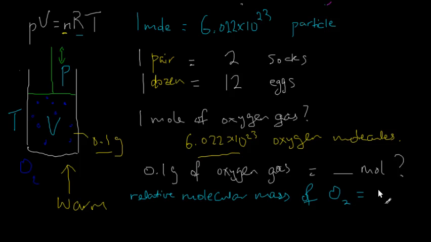So suppose you are given that the relative molecular mass of O2 is 32. To answer this question, all I need is to take the mass in grams, 0.1 gram, and divide it by this number for the relative molecular mass. That's it. That's the number of moles. That is the n, little n, that I would use in the ideal gas law.